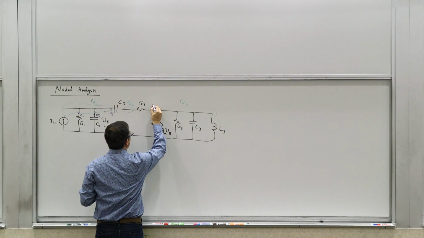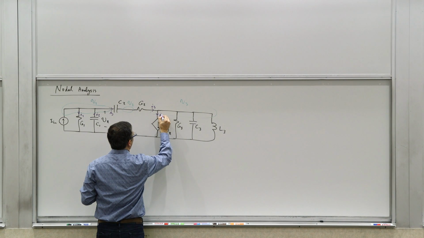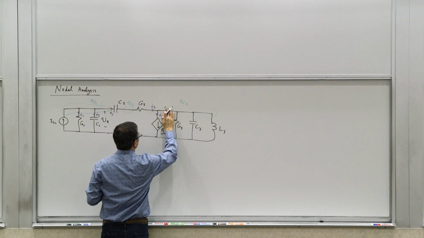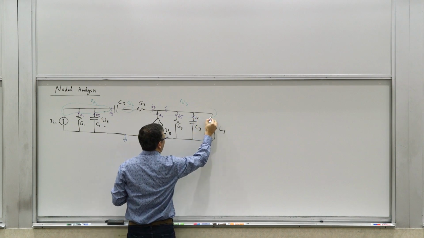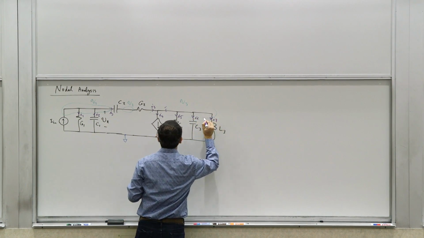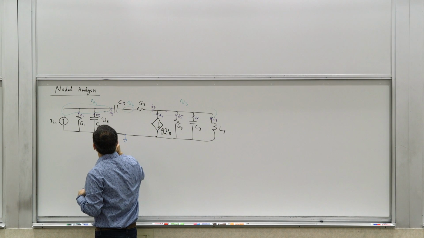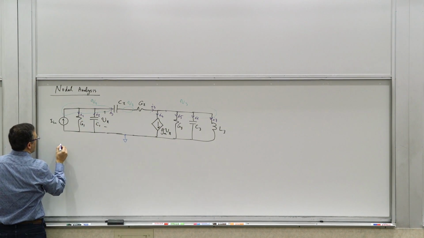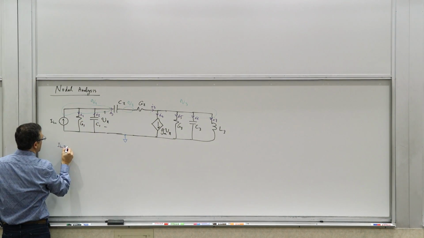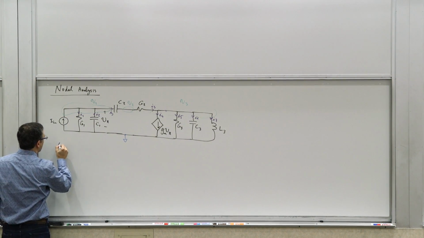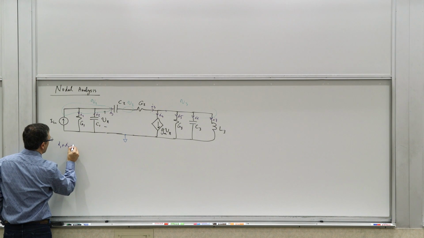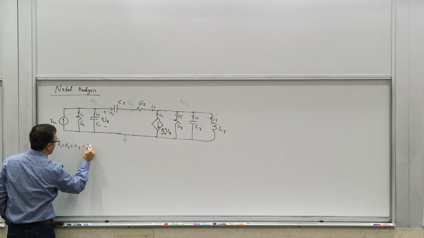And this would be I3, I guess I4, I5, I5, I6, and I7. If I write it this way, you can write KCL, right? The KCL here would say that I in equals I1 plus I2 plus I3 equals I in.